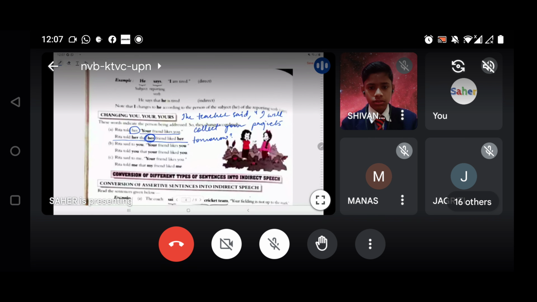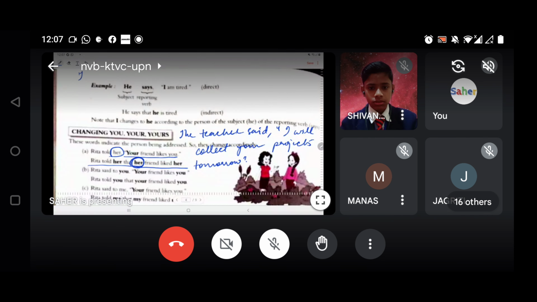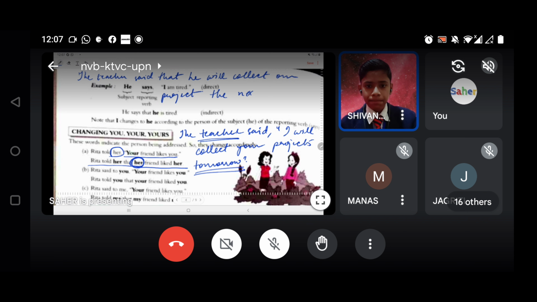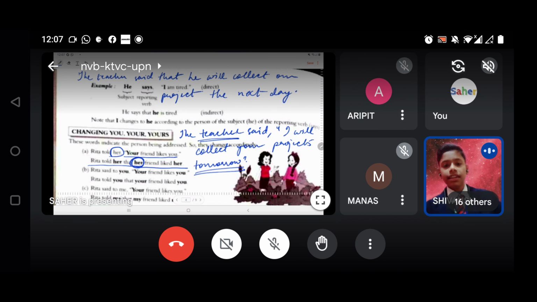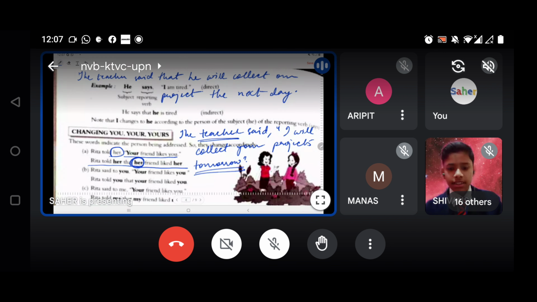It will be like, the teacher said that, now we are not aware whether the teacher is male or female, so we can write he or she, anything, okay, that he will collect our projects the next day. So tomorrow will become the next day.